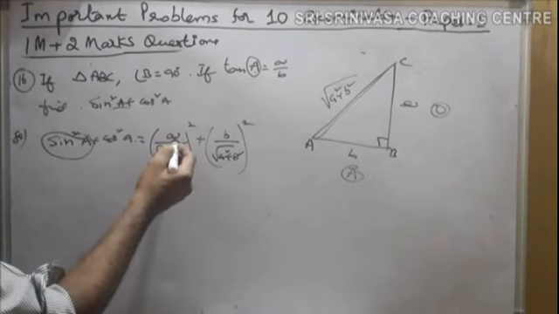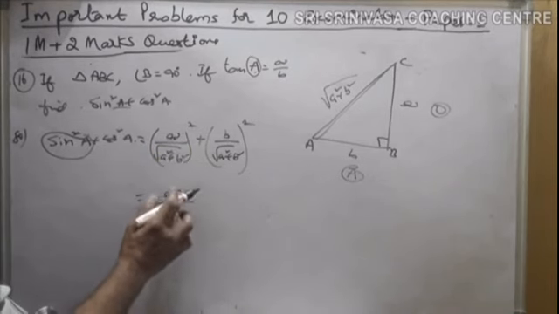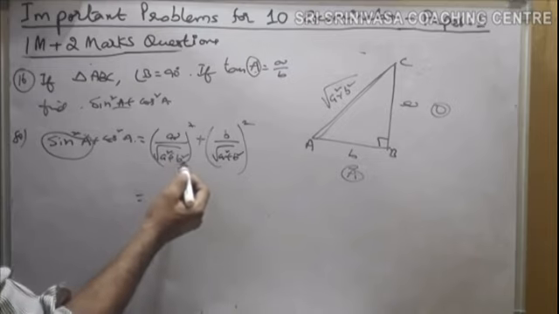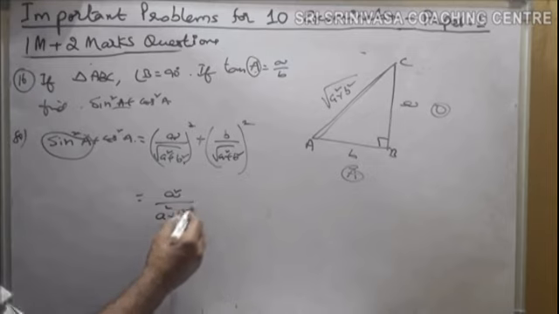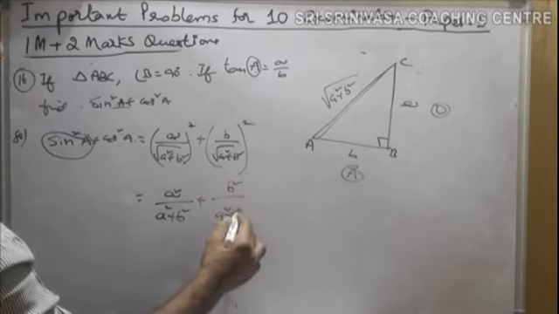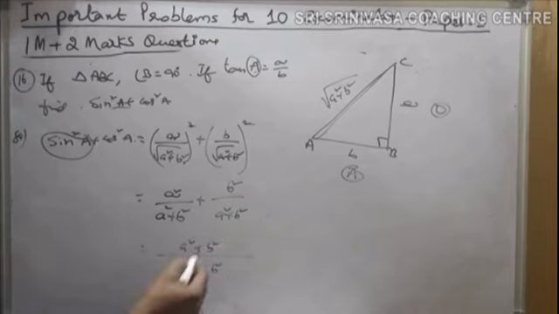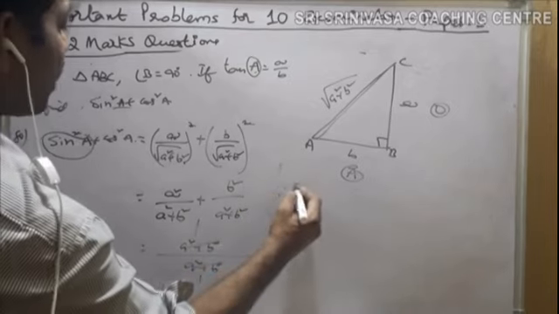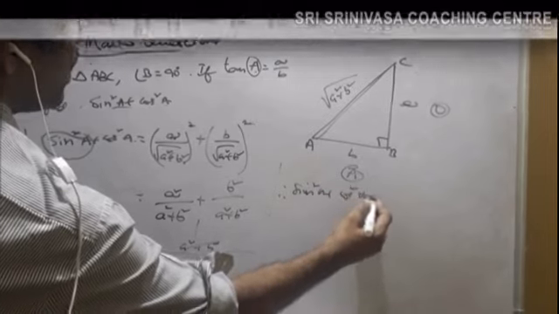Now square is counted for numerator, so A square as it is. And root of A square plus B square whole square is square and root will get cancelled. I'll get A square by A square plus B square plus B square by A square plus B square. So this can be written as A square plus B square by A square plus B square. So 1. Therefore I can say sin square A plus cos square A equal to 1.